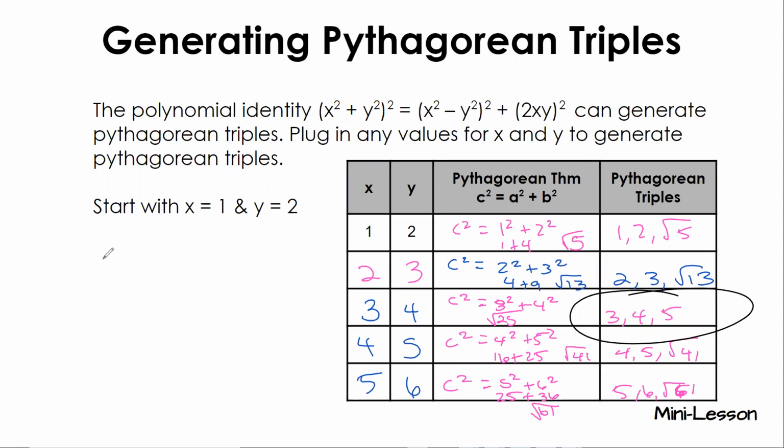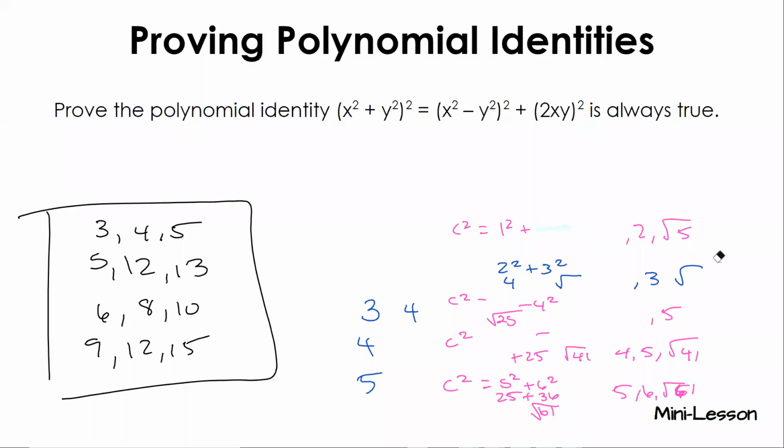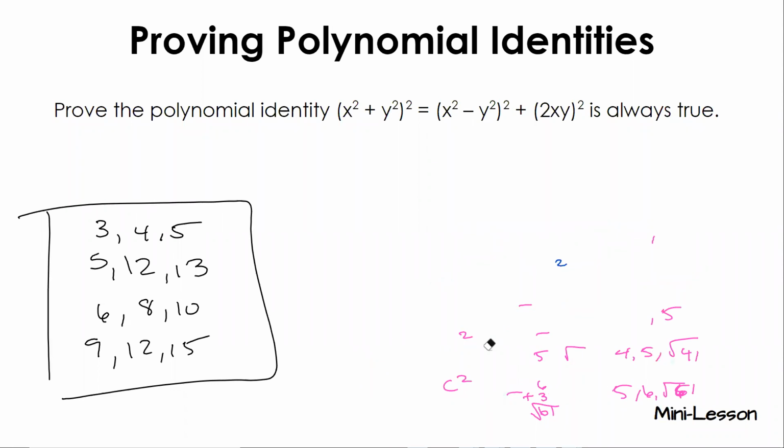Other examples of Pythagorean triples are 5, 12, 13, 6, 8, 10, 9, 12, 15, and 3, 4, 5. I would make sure that I write these down. You should know these roughly. Actually prove this polynomial identity. So we're going to use the Pythagorean triples in order to make this work. Go ahead and write that down if you haven't already yet.